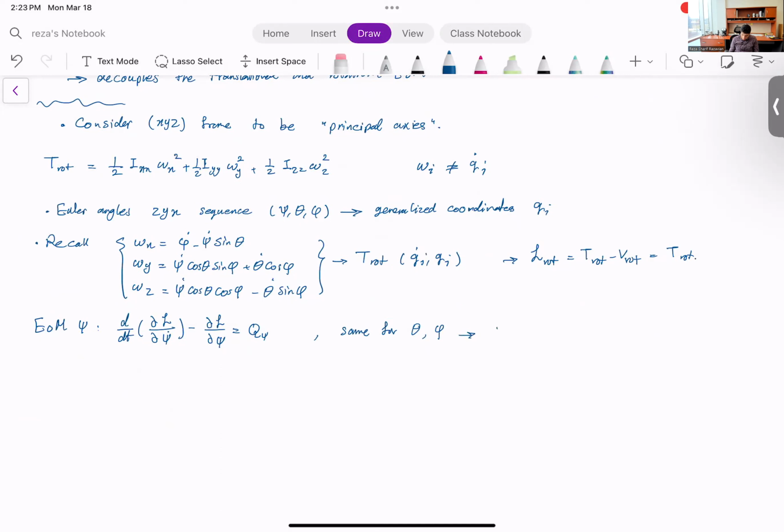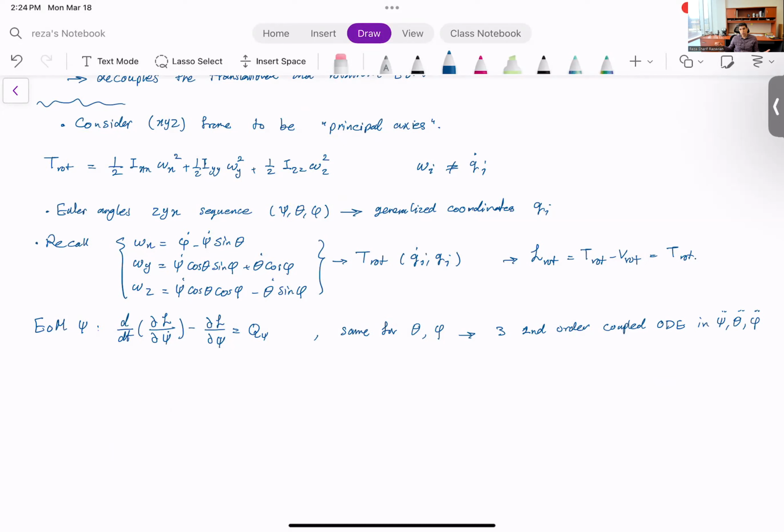If you do that, you get 3 second order coupled differential equations, or ODEs, ordinary differential equations, in psi double dot, theta double dot, and phi double dot. Those equations will be huge. They are written in the textbook, so you can look at them.